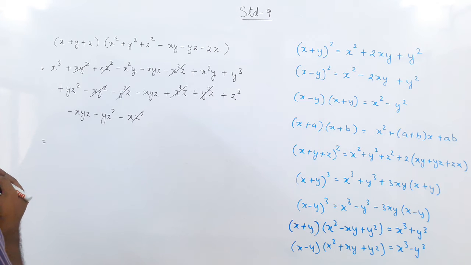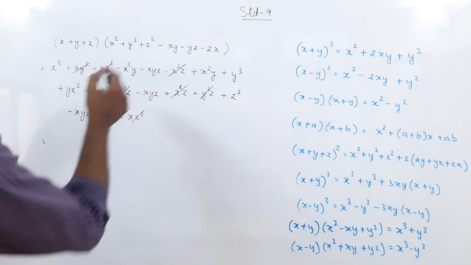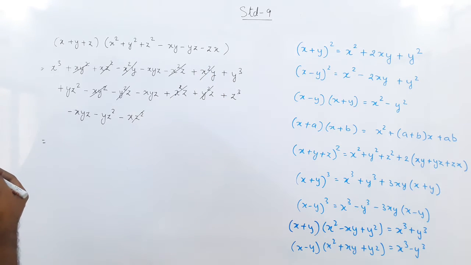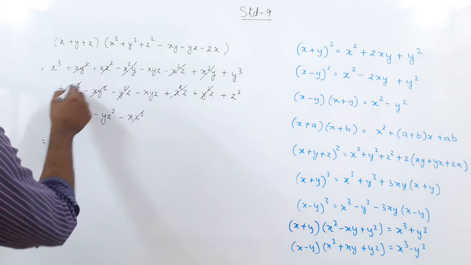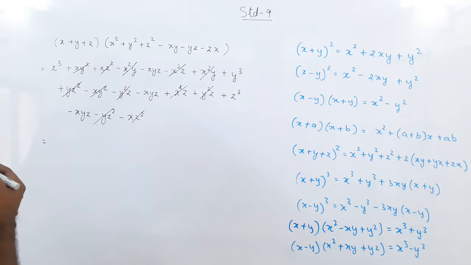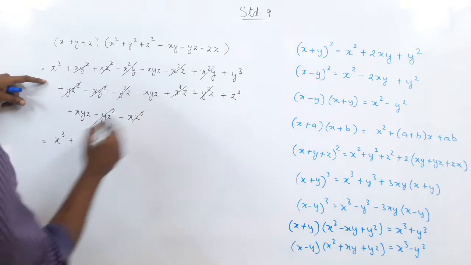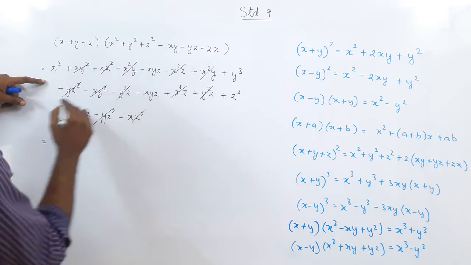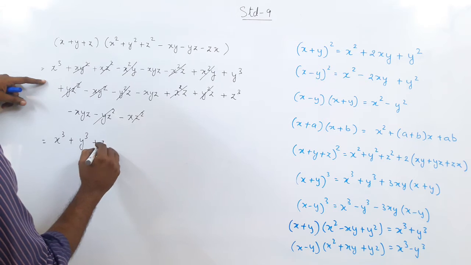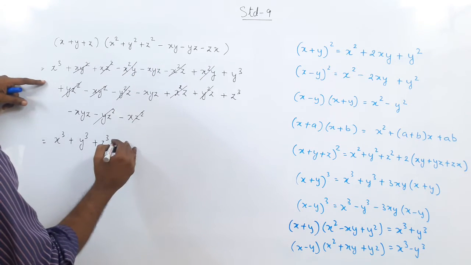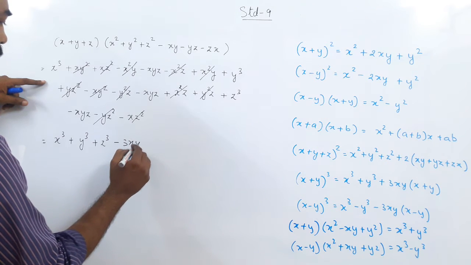Then what is left now? Minus x square y plus x square y gets cut, and plus yz square minus z square y gets cut. So after cutting everything, what are we left with? x cube plus y cube plus z cube minus 3xyz.